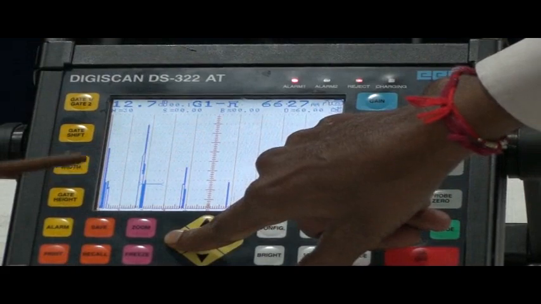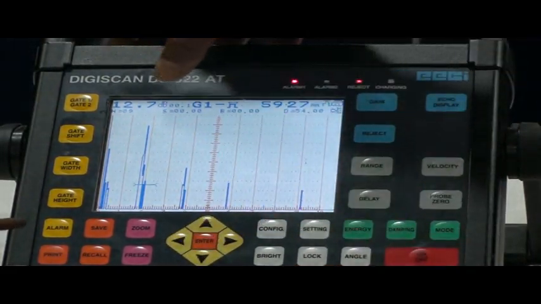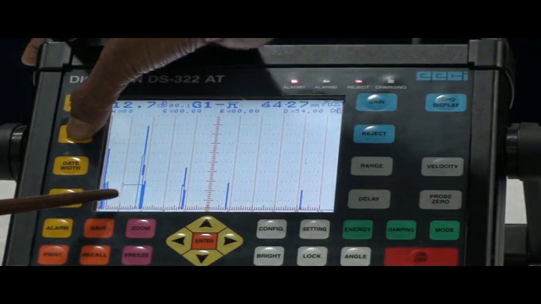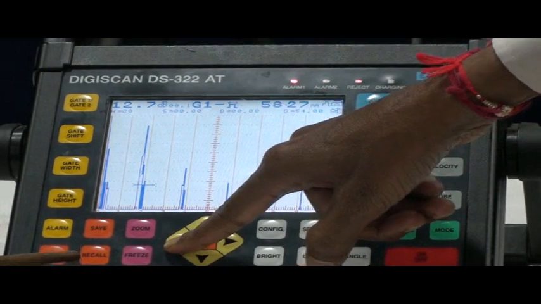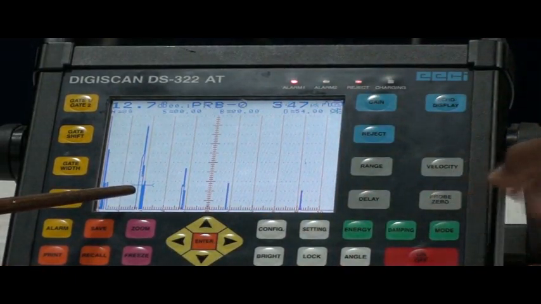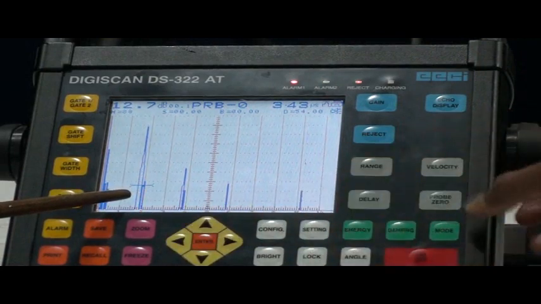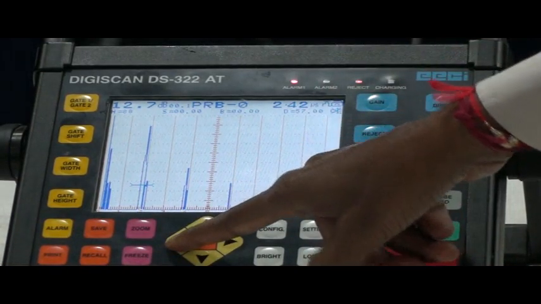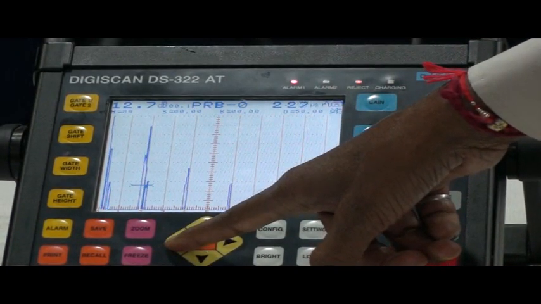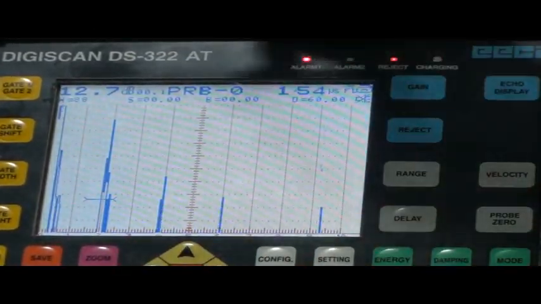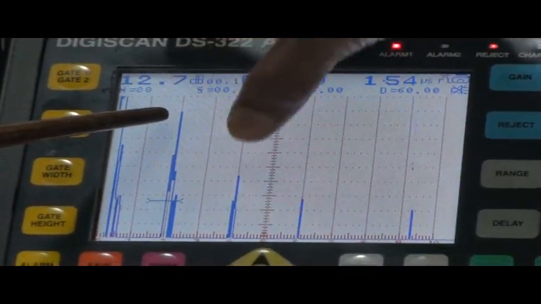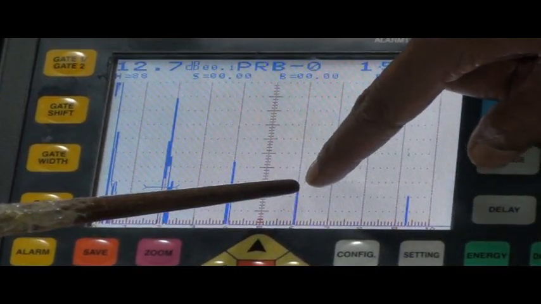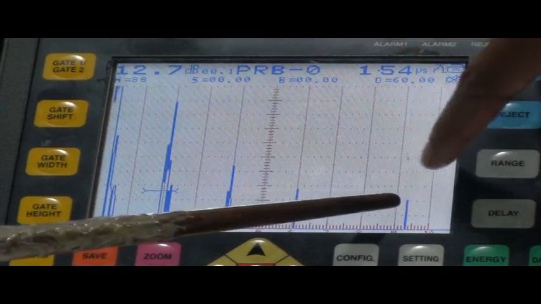So as per theory, if first echo is at 60, then second should be at 120, third one as per theory it should be at 180, like that 240 and 300.